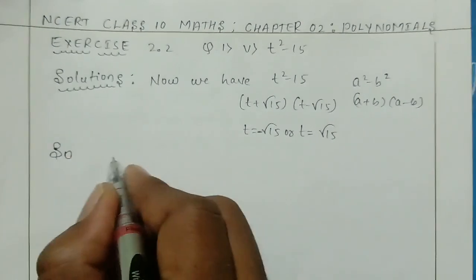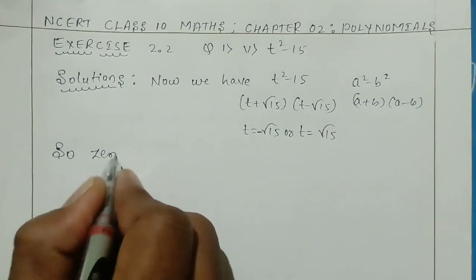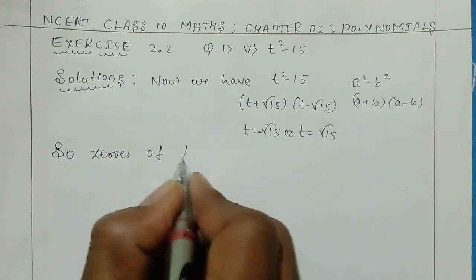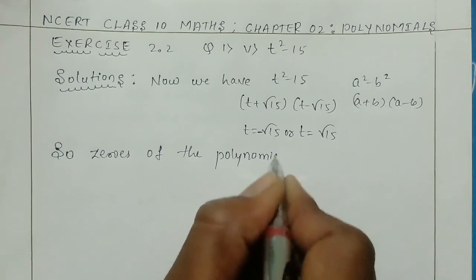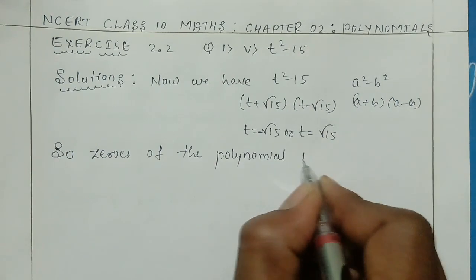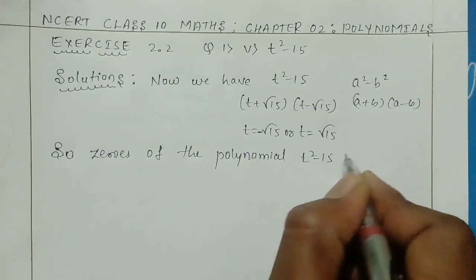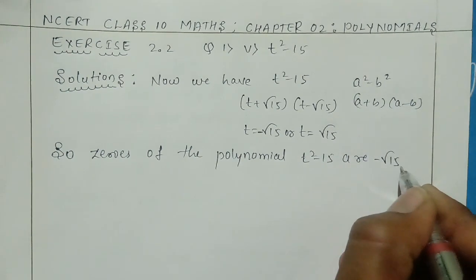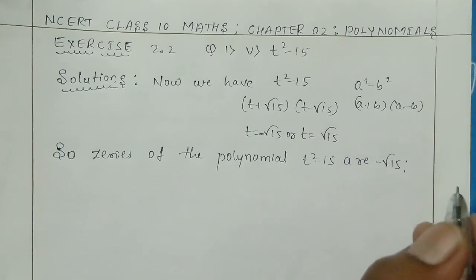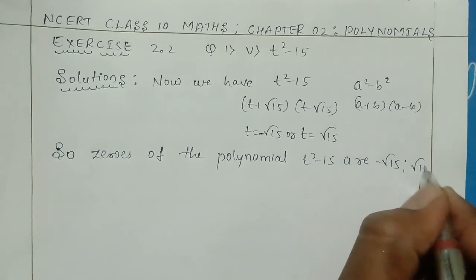Okay, so the zeros of the polynomial t square minus 15 are minus root 15 and root 15.